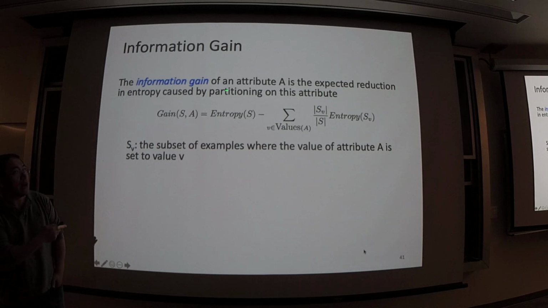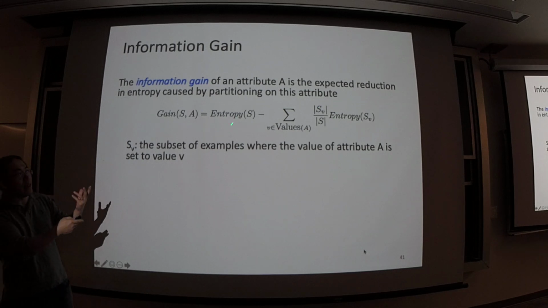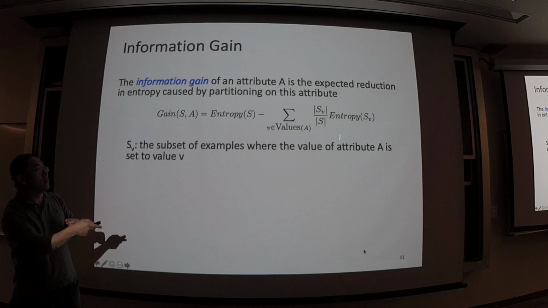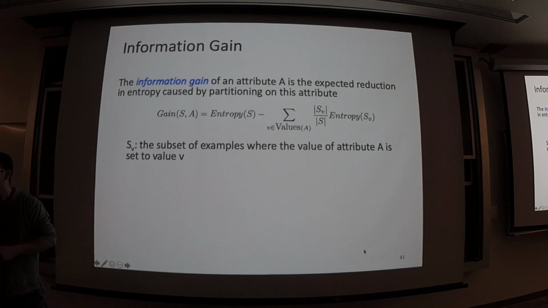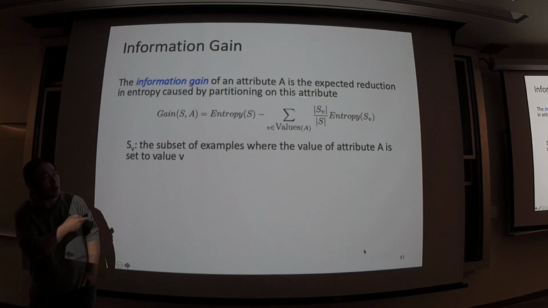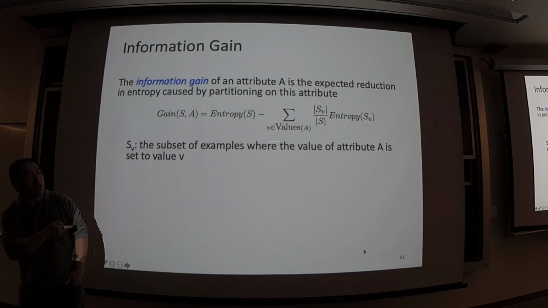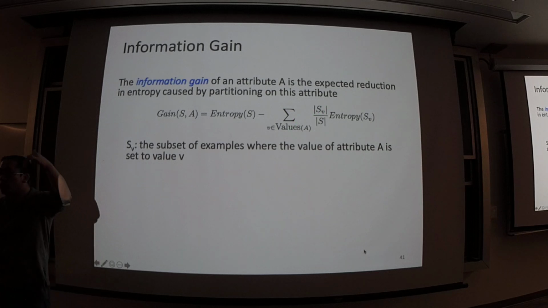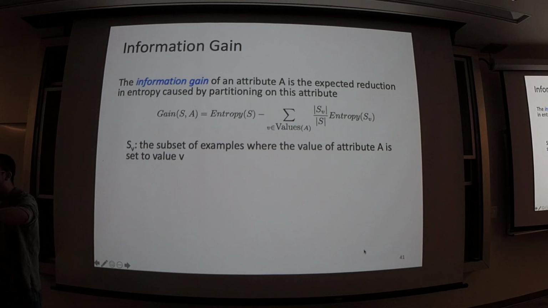Then I subtract this expected entropy of the feature splitting from the entropy of the entire set S. This is called information gain. So you can see that it actually computes the average reduction of entropy. When entropy decreases, purity increases, so the reduction of entropy is actually the increase of purity.